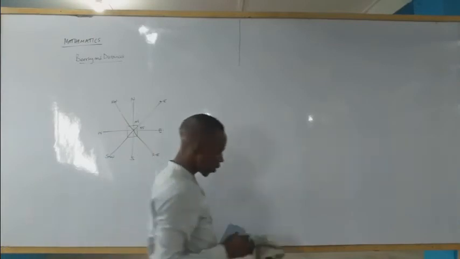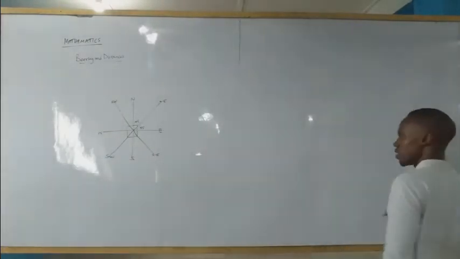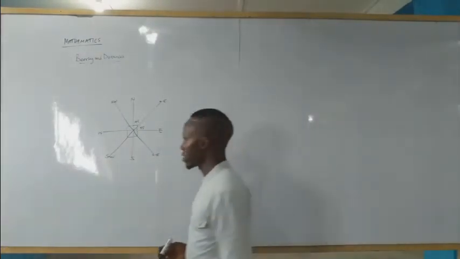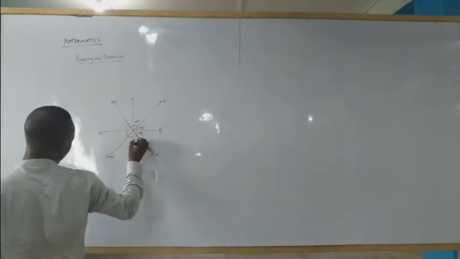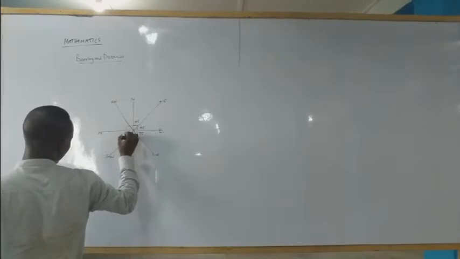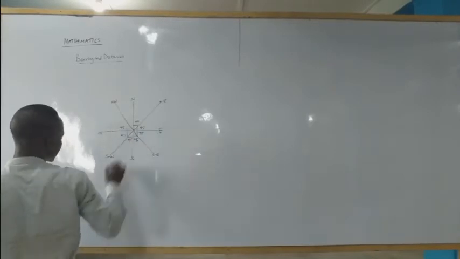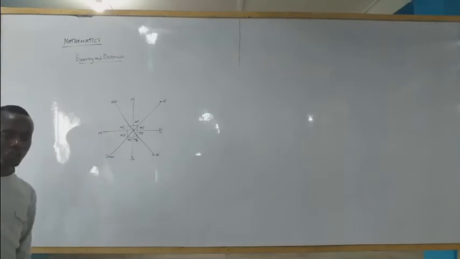But the four basic directions are north, east, south, and west. So all these will give us 45 degrees.